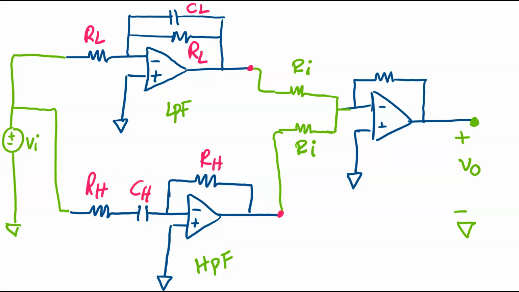Now remember that I'm choosing both resistors for the low pass filter as RL, and for the high pass filter both of them are RH. The reason is that I want to make sure that the gain of this low pass filter is equal to 1. Same thing here: I want to make sure that the gain of my high pass filter is equal to 1.